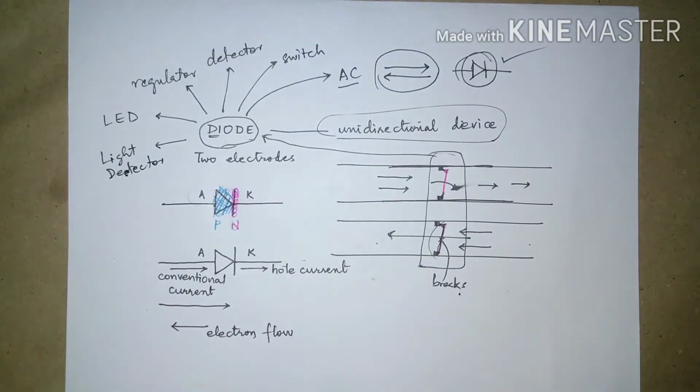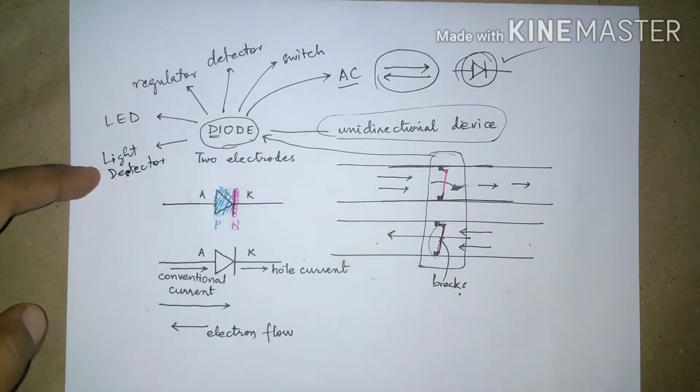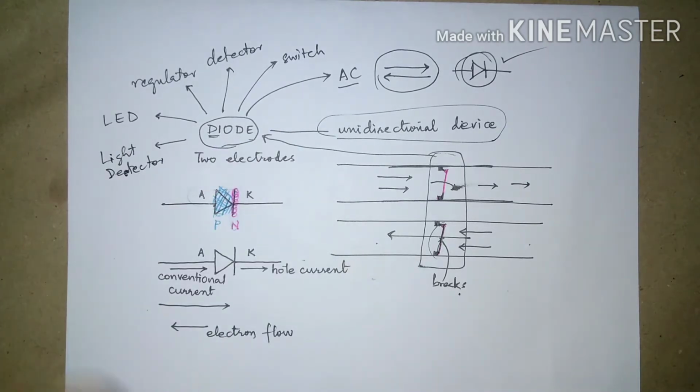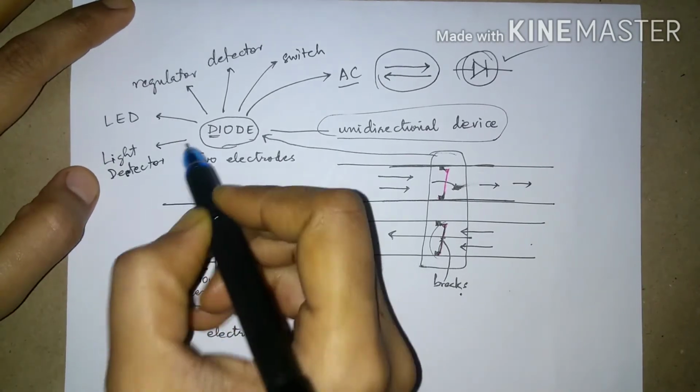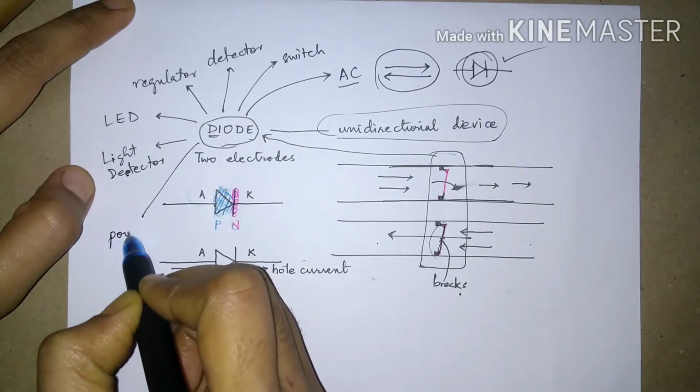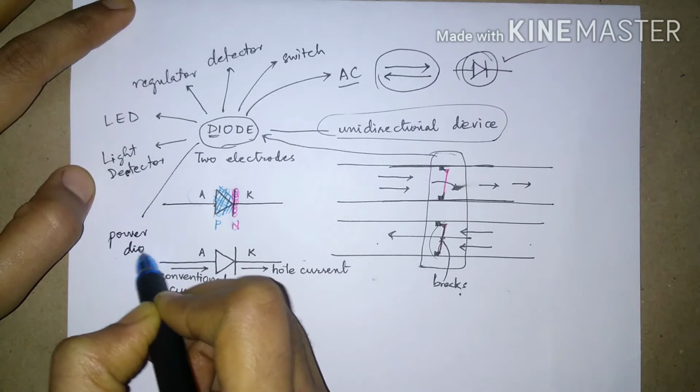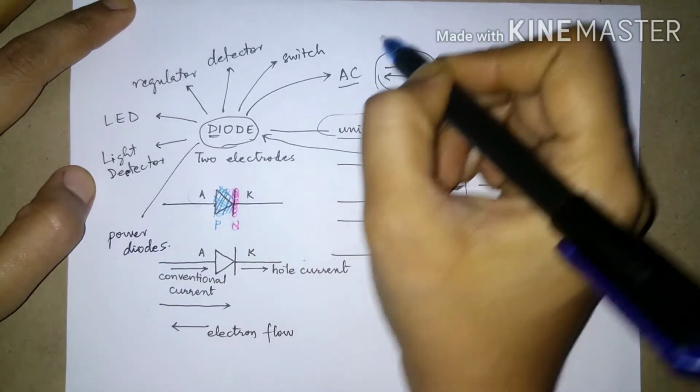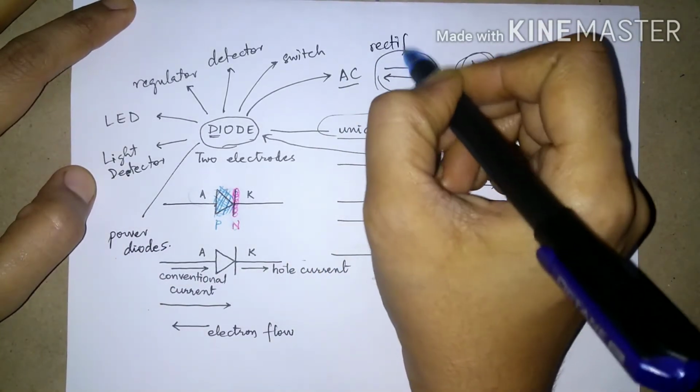Like that, we have various applications using diodes, and we also have power diodes. This process is known as rectification.